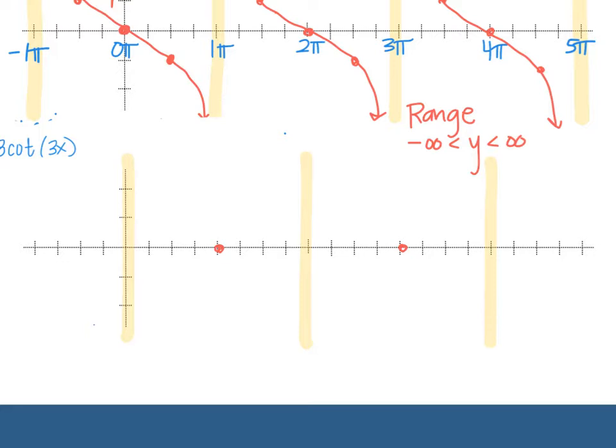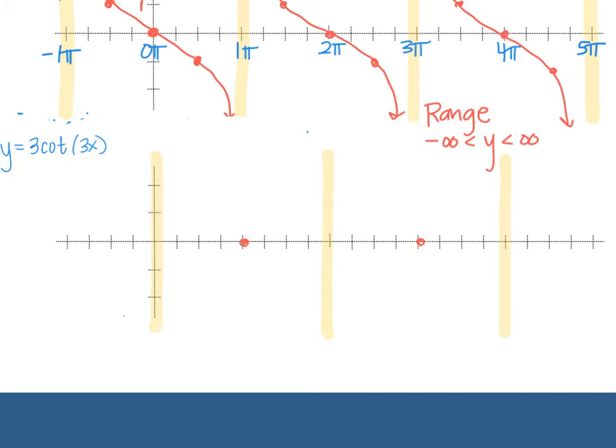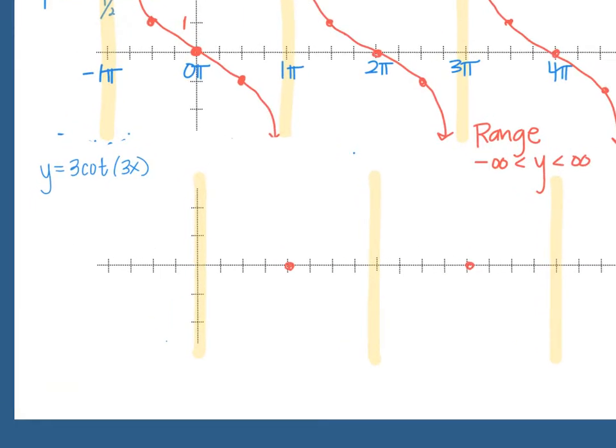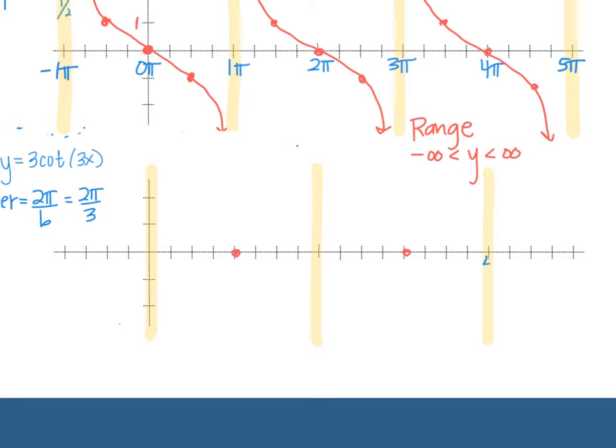Okay, and then label the period for this. So if we work out our period, it will be 2 pi divided by b, so 2 pi divided by 3. So my period ends at 2/3 pi, which means 1/3 pi.